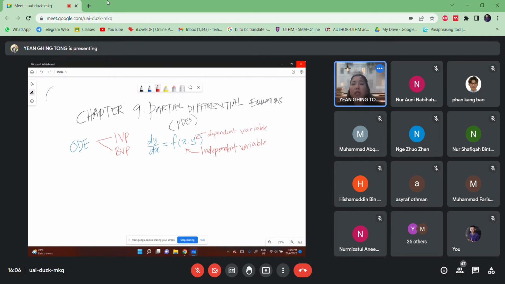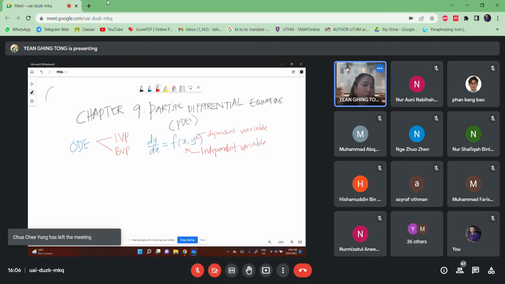That means the value of y will change if the value of x changes. So it depends on x. y will be different based on the value of x.